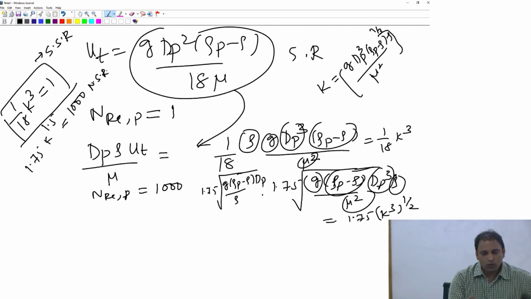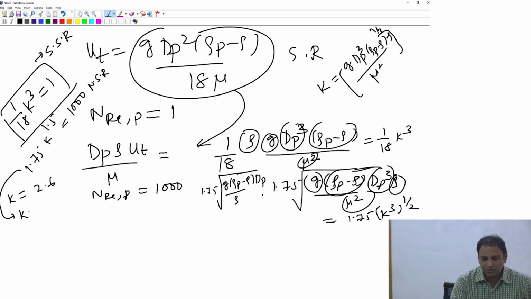If you work it out, k comes to be something like 2.6. If k cube is 18, then k is the cube root of 18, so that's going to be 2.6.